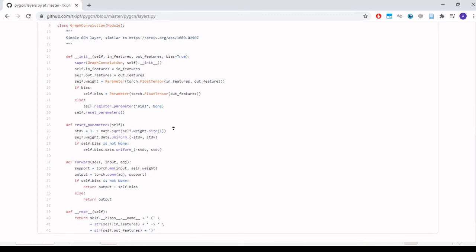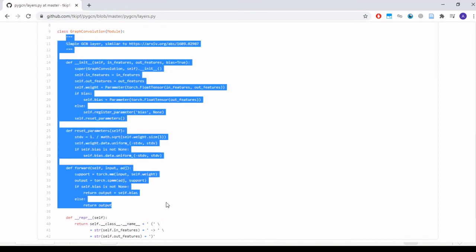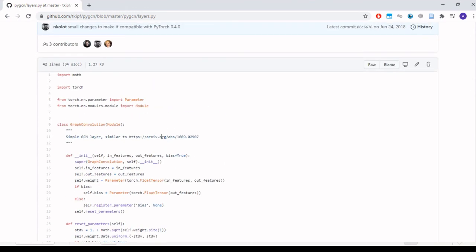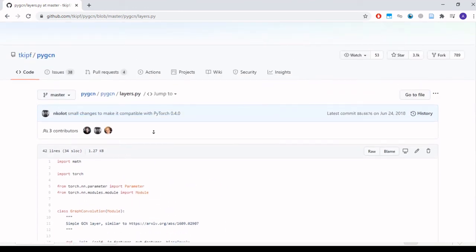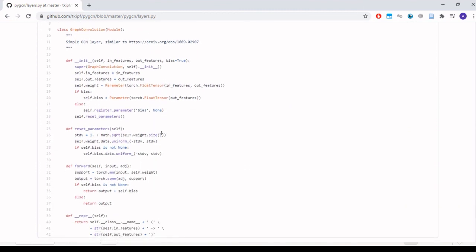So let's look at how the code is structured. The key thing is this graph convolution class. It is a layer, and let's say what is going on in this layer.